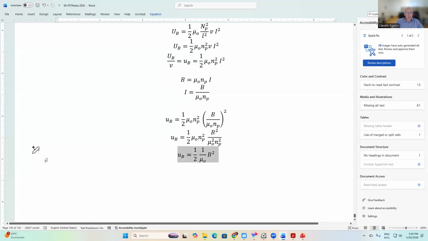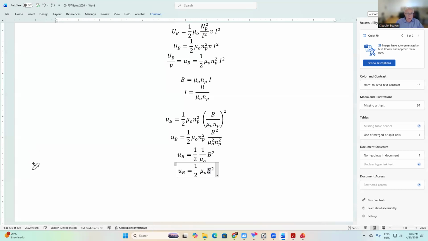For the electric energy, for the density of electric energy, it's like the following, with the electric field here. Compare those two. They look very much alike. So those are the important equations that we have.